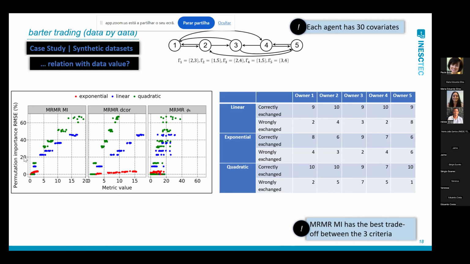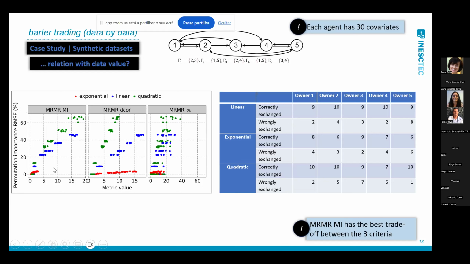So we can permute the feature and see the impact on the output and measure the permutation importance in this way. And we see that, in fact, for mutual information, there is a clear relation between the metric value and the variation in root mean square error.